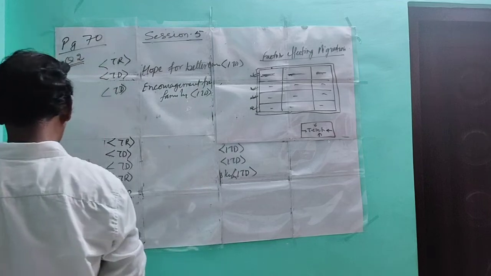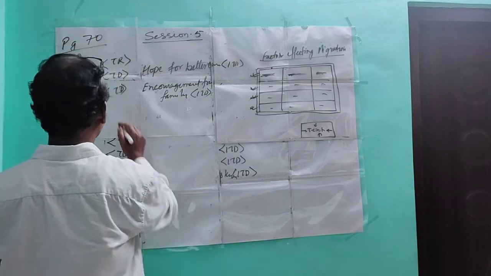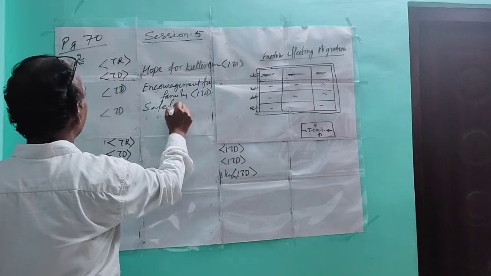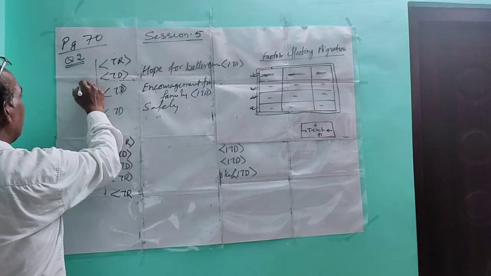The last one is safety, TD. So this is our fourth row.